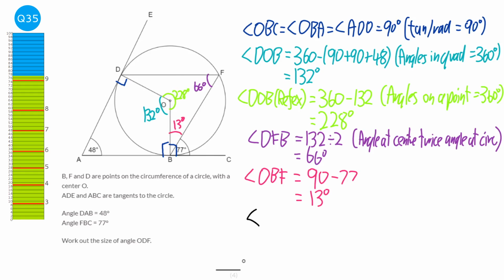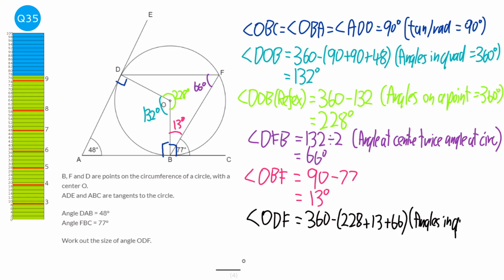So angle ODF is going to be 360, take away all the angles that we know, so the 228, the 13 and the 66, and the reason being the same as before, angles in a quadrilateral add up to 360 degrees, and when you do that you get the answer of 53 degrees. So this angle here is going to be 53 degrees.